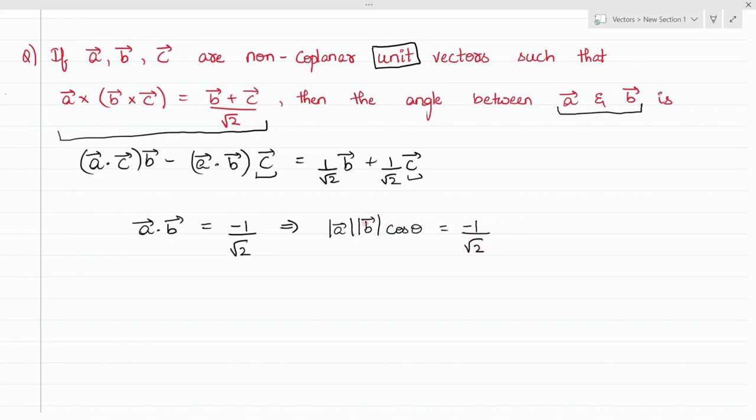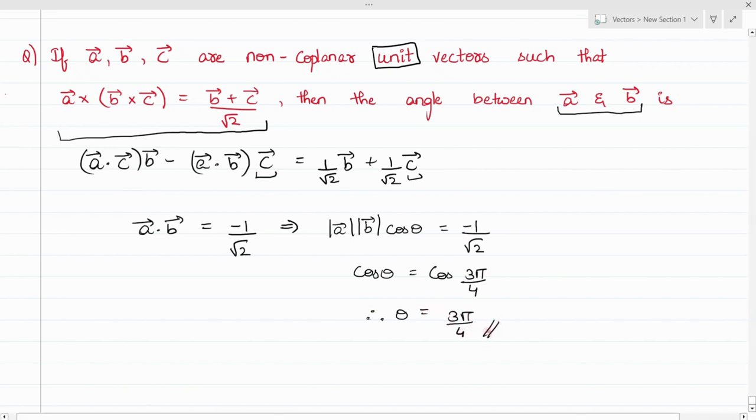As all the three vectors are unit vectors, magnitude of A and magnitude of B will be 1. So cos theta will be cos 3 pi by 4. Therefore, theta is 3 pi by 4. So this is the angle between the vector A and B.